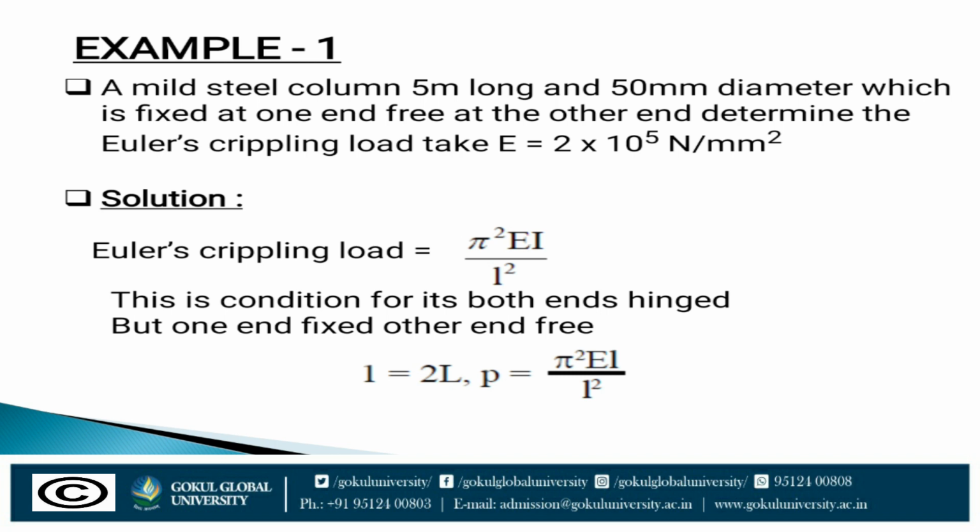Euler's crippling load, we know the equation pi square EI upon L square. This is for both ends hinged, where equivalent length is equal to actual length. But for one end fixed and other end free, equivalent length is equal to 2 into actual length. So P is equal to pi square EI upon L square.